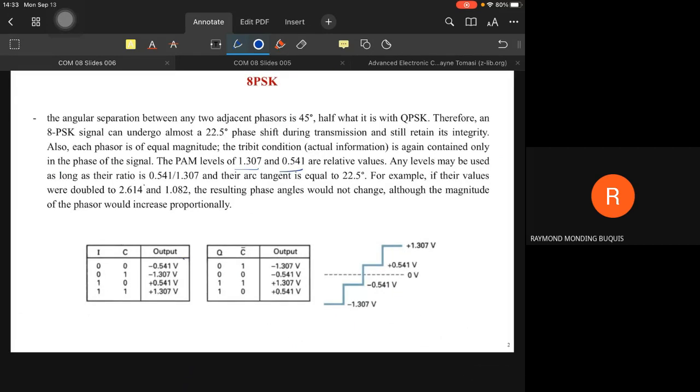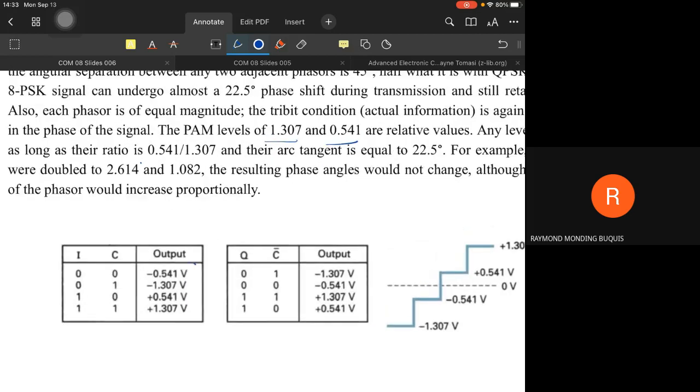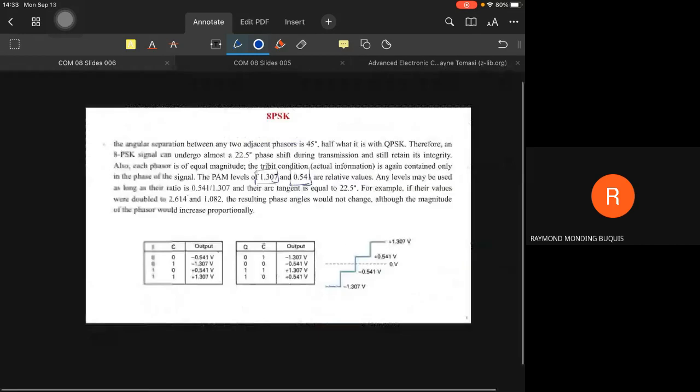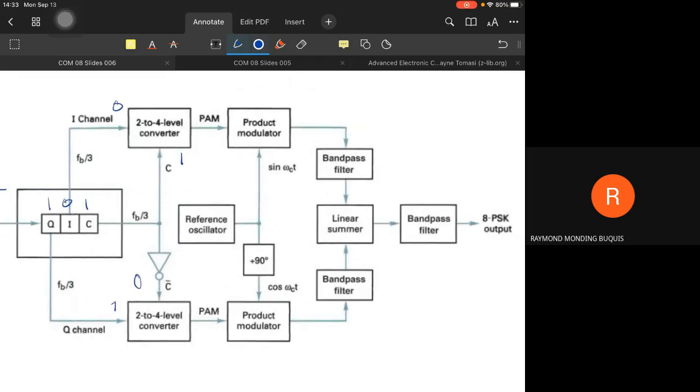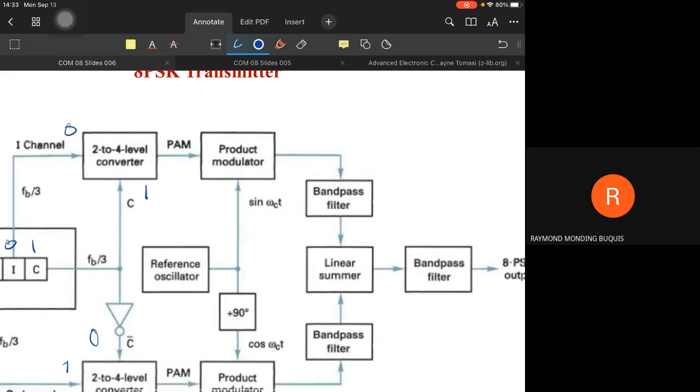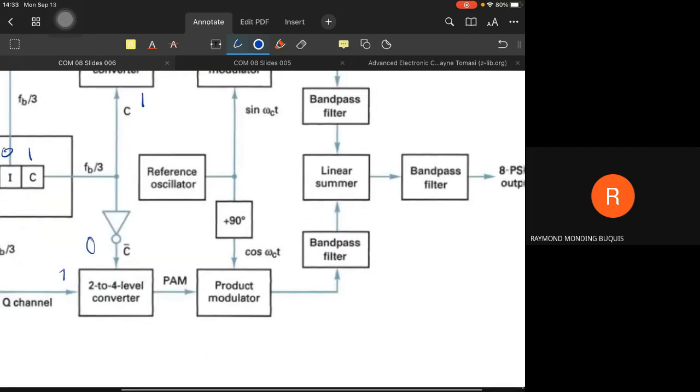I think we have an infinite number of possible voltage levels we could use to come up with the arctangent of the ratio of 22.5. But in this particular case, again, they opted to use these voltage levels. So, back here. The output after the converter is a PAM signal.